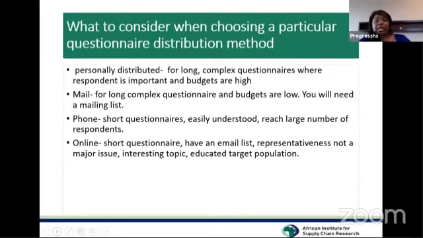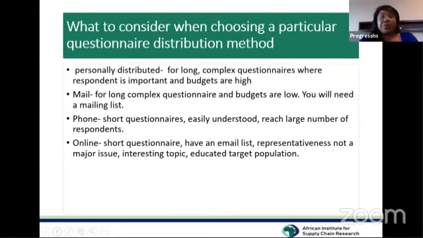But if your budget is so low, but the questionnaire is long and moderately complex, and you happen to have a mailing list that has all the required information to enable you to mail those questionnaires to the respondents, then you can make use of the mail survey.